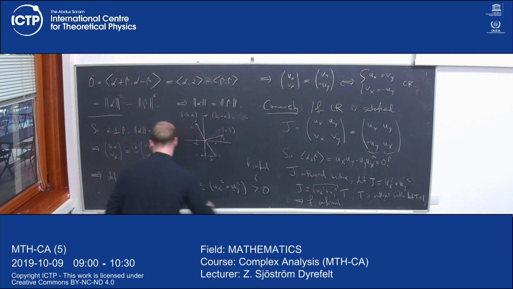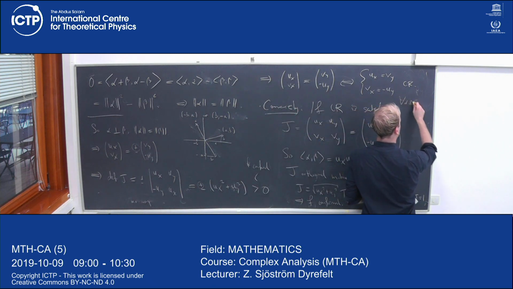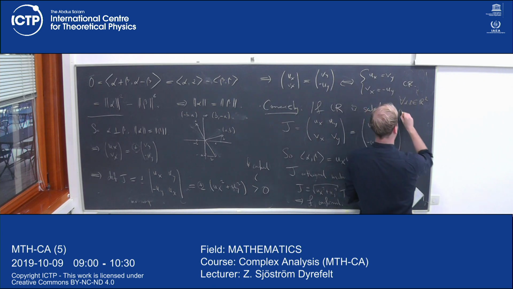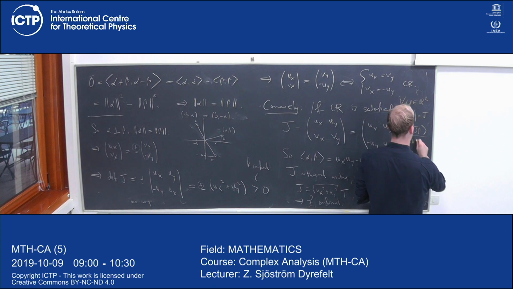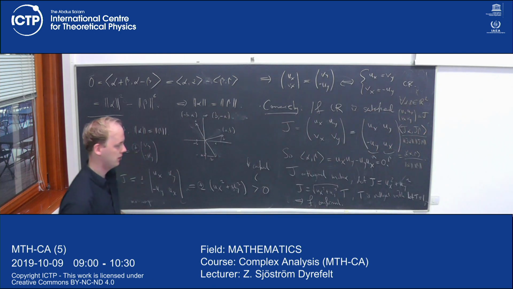Preserving the angle means that for any two vectors alpha, beta in R2, with J the matrix ux, uy, it means that J alpha times J beta, divided by their norms, is equal to alpha times beta divided by their norms. So this is what it means.